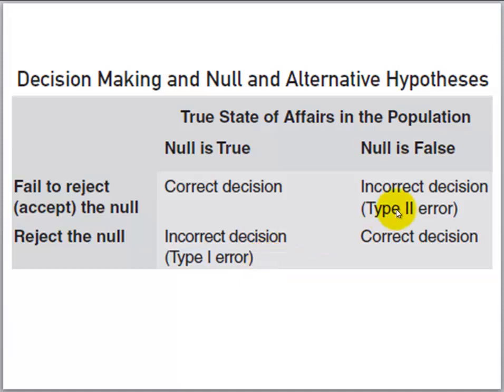Now here's the sort of, so to speak, opposite error. A false null in reality, but the decision being to fail to reject that null. So that's an incorrect decision. That's a type 2 error. The risk of type 2 error is higher at the 0.01 level than at the 0.05 level.